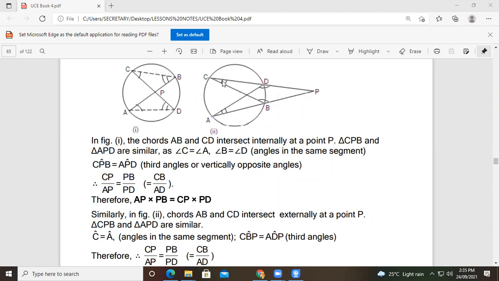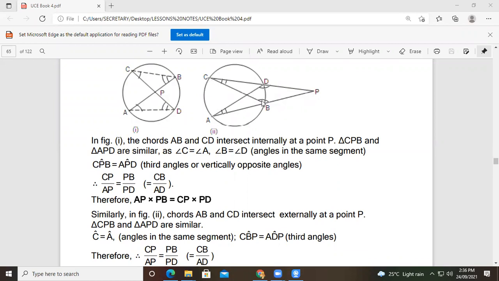But these lines are not parallel. CD and AB are not parallel. They meet at a common point if extended. If chord AB is extended, it meets at point P. So that's what they are saying there. All right. So similarly, what you should know is that chords AB and CD intersect externally at point P. Therefore, now we have triangles.